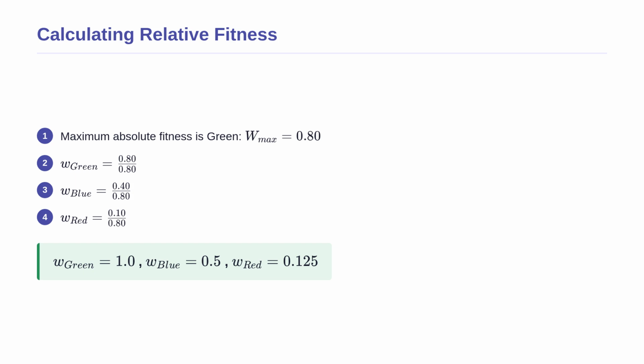We divide each genotype's absolute fitness by this maximum. The green beetles score a perfect 1.0. The blue beetles score 0.5, meaning they are only half as successful. The red beetles score 0.125, putting them at a severe evolutionary disadvantage.